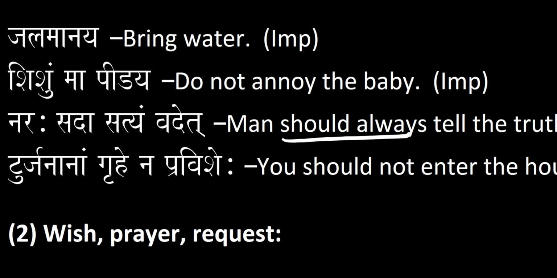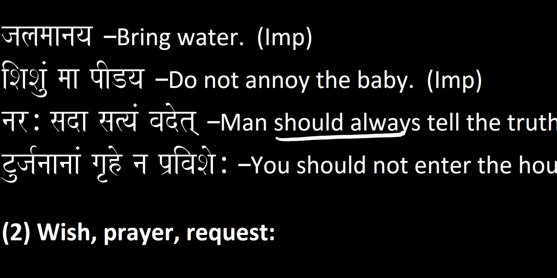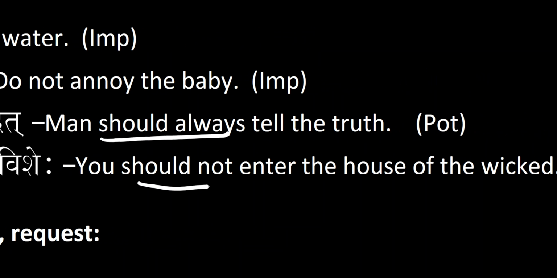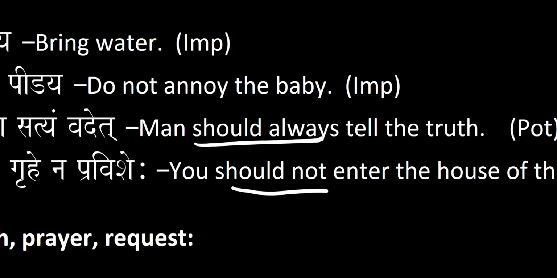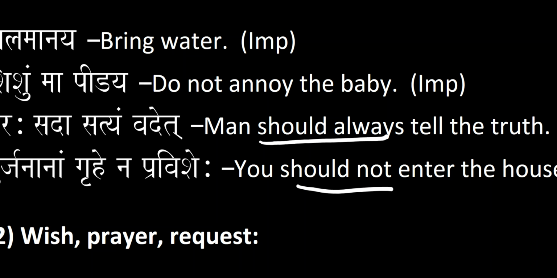Let's take a look at the next one. Turjananam grihe na pravishehi. You should not enter the house of the wicked. Notice that it's not do not, but should not.